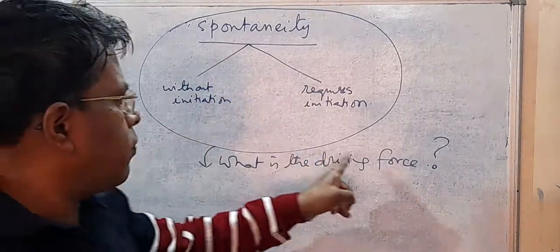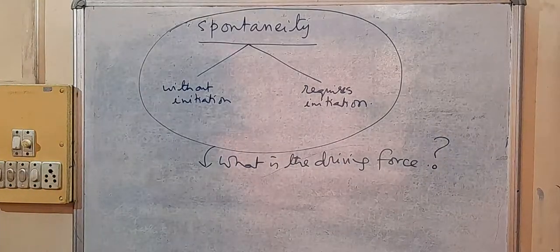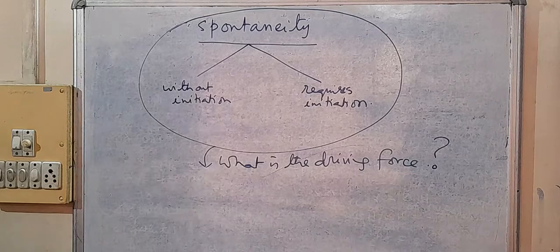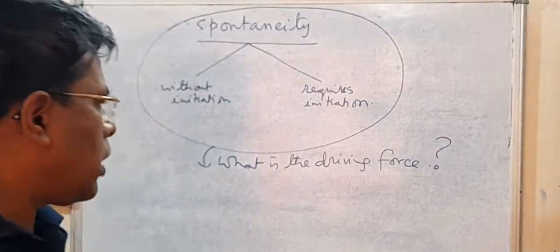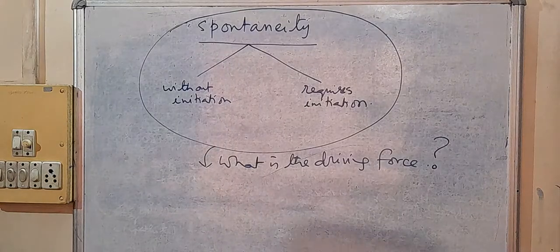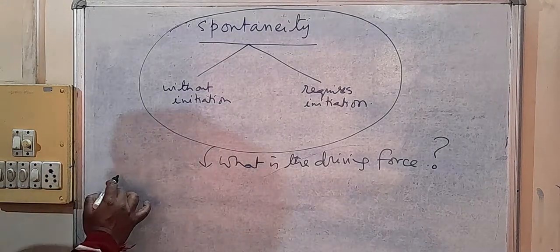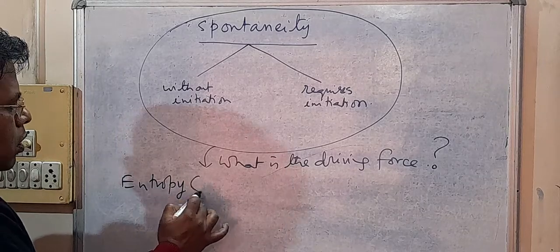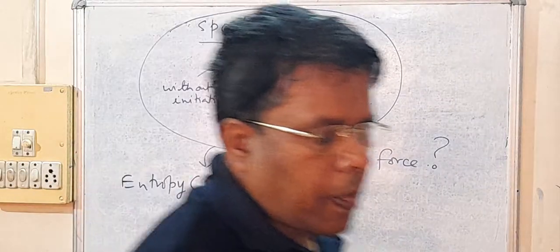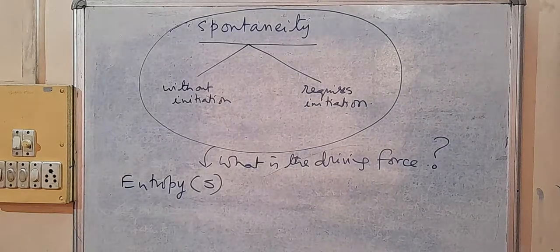Now, before we find out the nature of the driving force, let me introduce another thermodynamic state function, which is called entropy, whose symbol is S. And what is entropy?